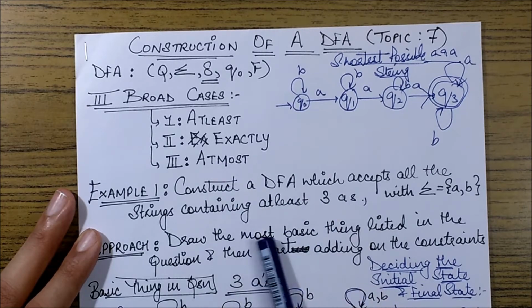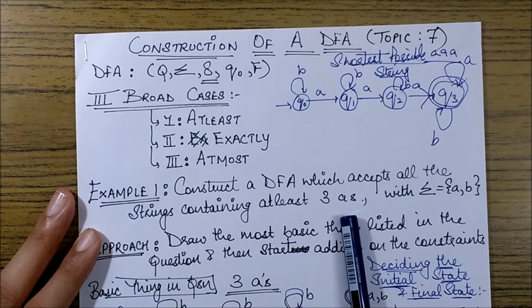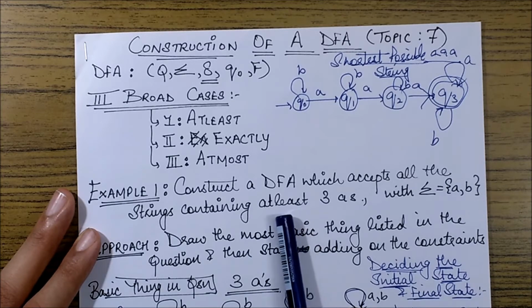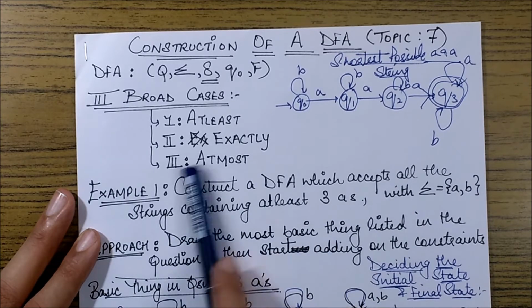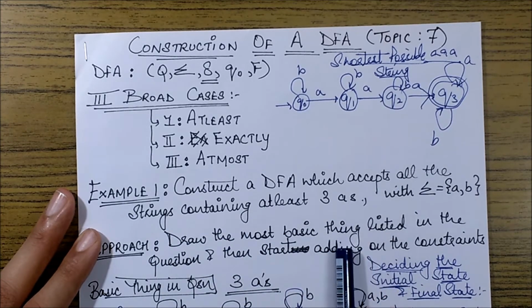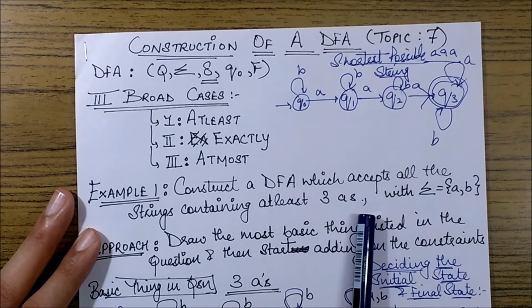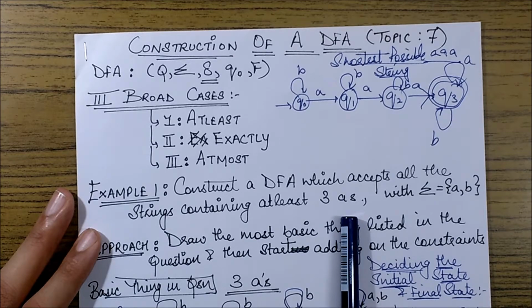So for the first case, let's construct the DFA for the at least 3 A's case. Now first of all, the approach is to find the most basic thing hidden in the question. Over here the most basic thing is 3 A's. So we need to construct a DFA which accepts a string containing 3 A's.